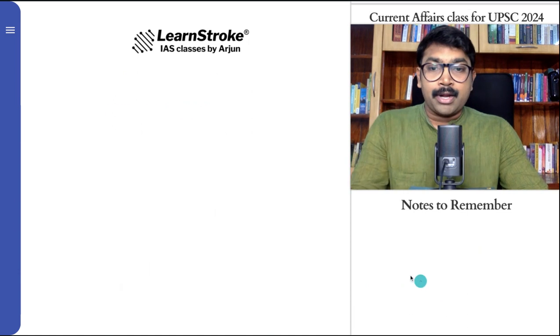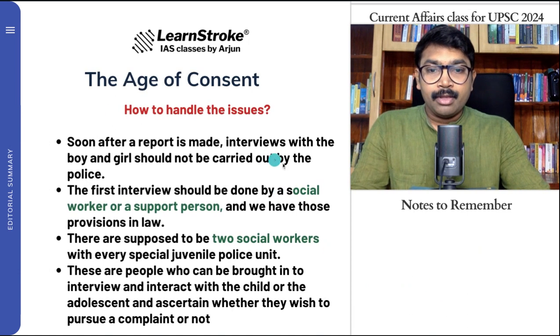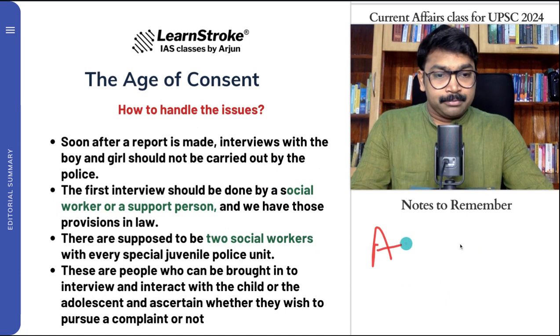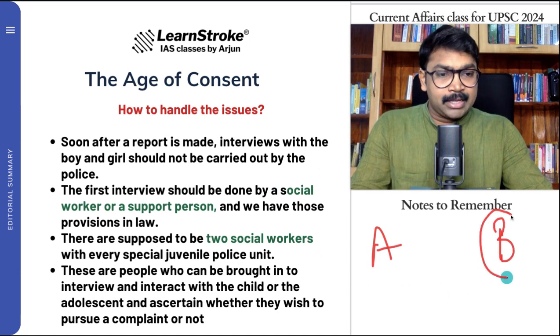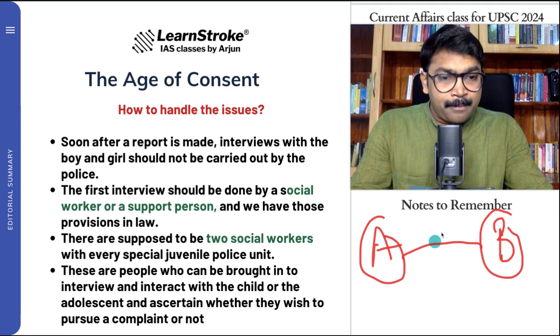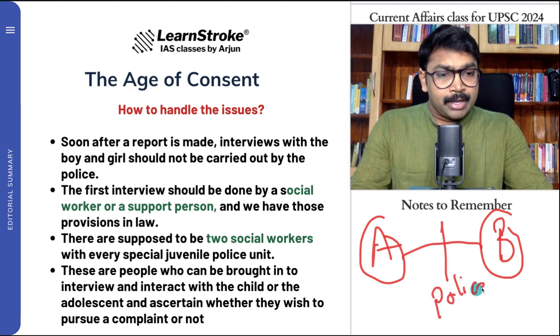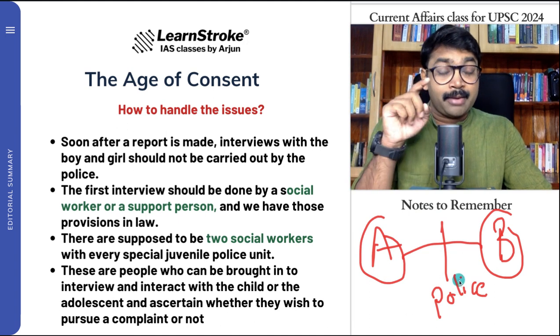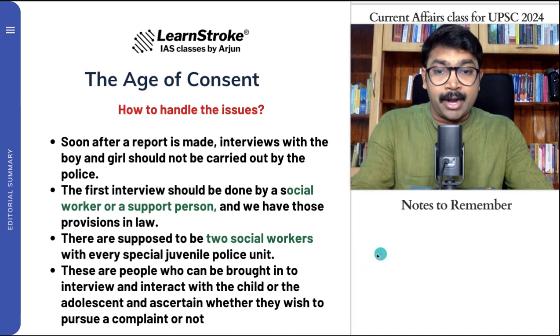Moving on to the other important aspect, regarding the important cases: when you have a problem with A and B, where B is the girl and A is the boy, and you have a complaint, the immediate complaint goes to the police. According to the law, the police should not interfere at first. Before that, a few things need to be done.